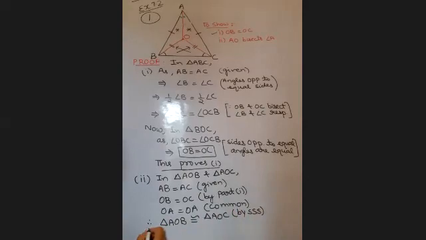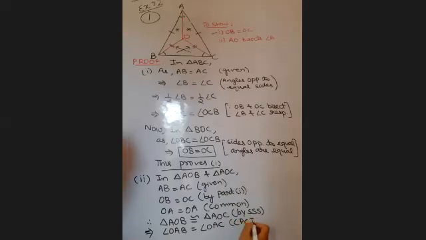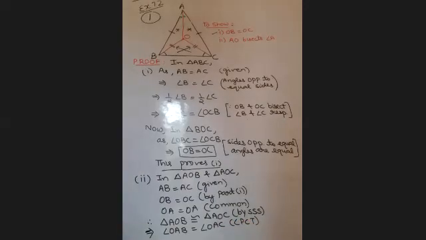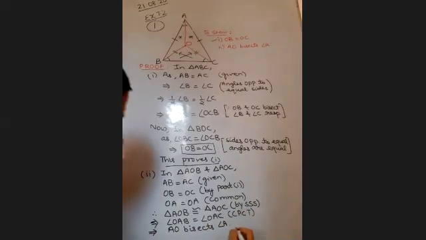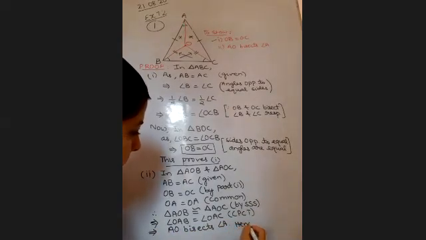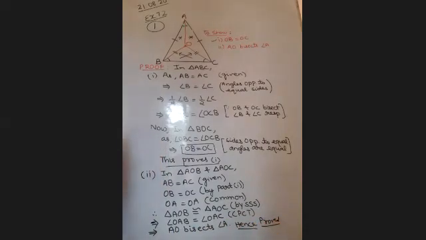And this implies angle OAB is equal to angle OAC by CPCT. And this means AO bisects angle A. Hence proved. Clear, beta?